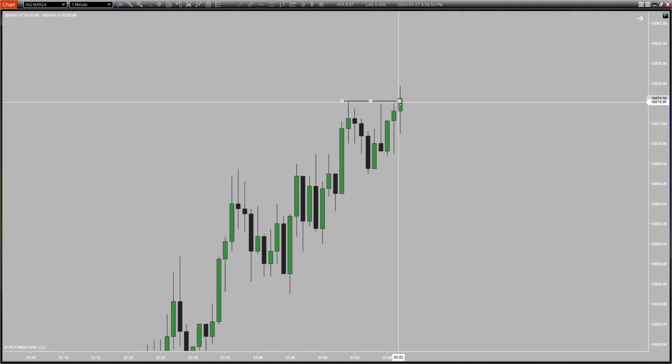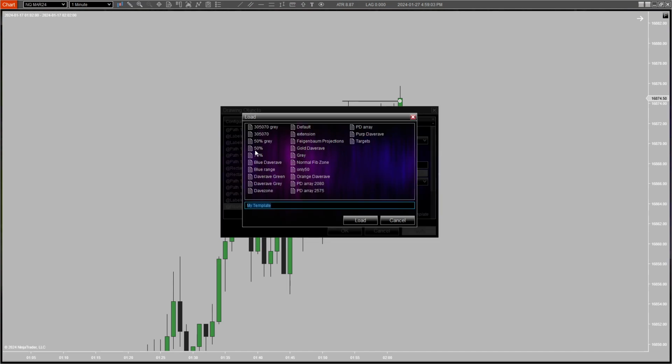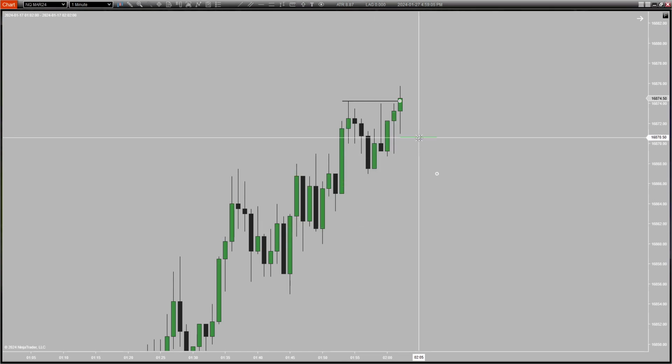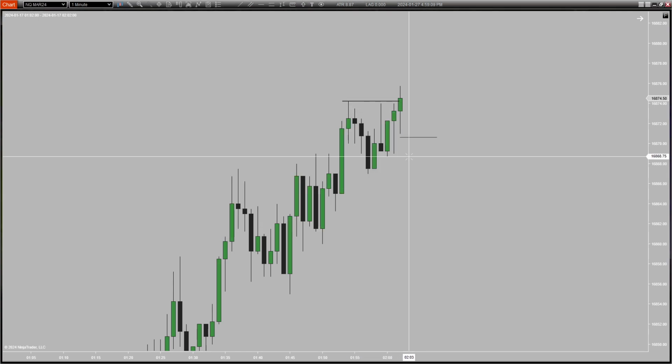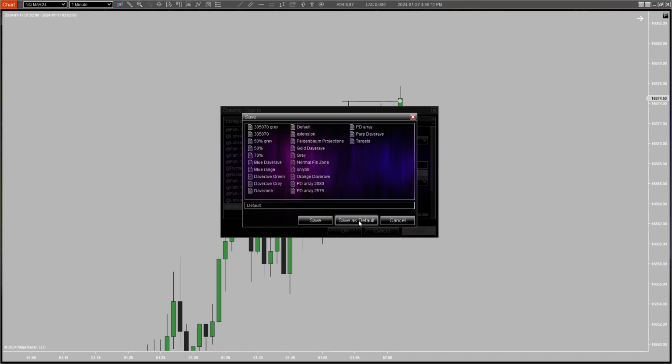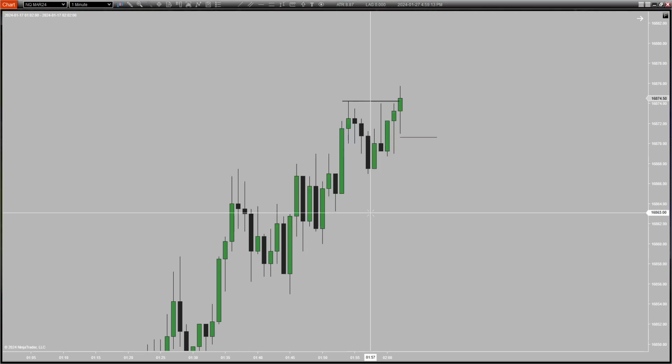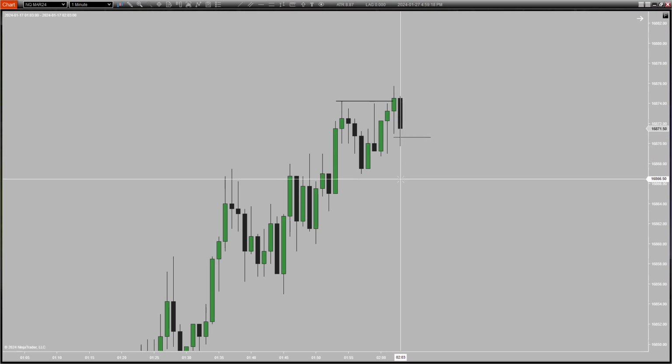So what we could potentially do, right, is draw our zone. Just a 50%. Actually, you can't even see that. So we have our 50% zone. If we get a push into there, potential buy.